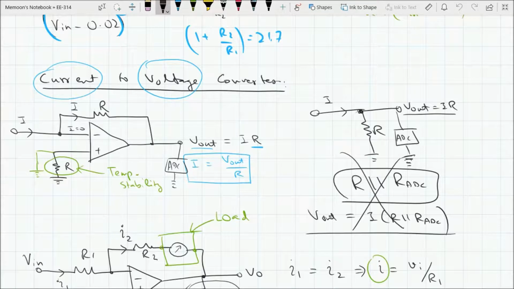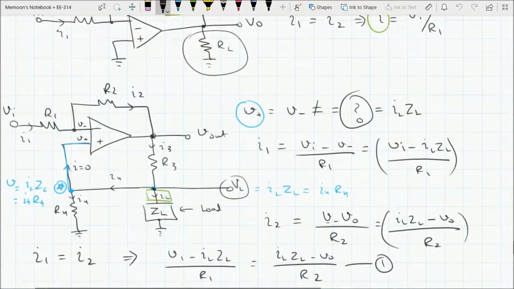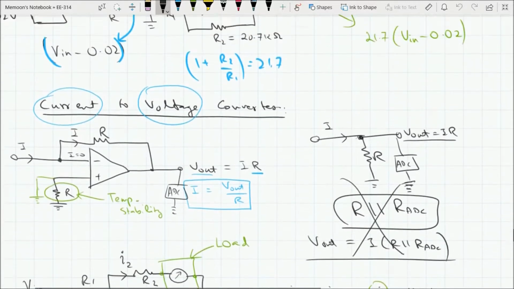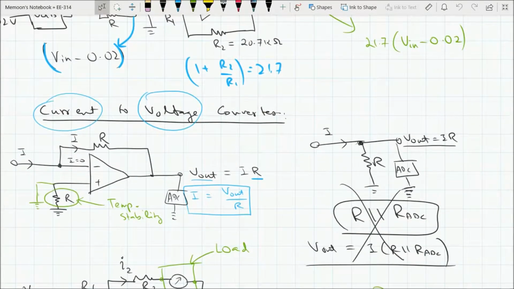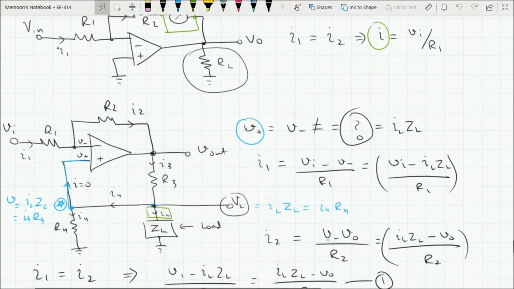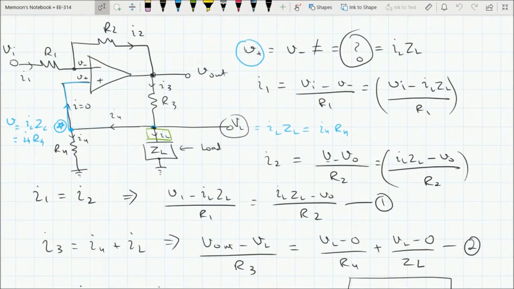So current to voltage converters and voltage to current converters are used in signal transmission at the transmitter and the receiver end. This means that this current to voltage converter will be put at the receiver end, and this voltage to current converter will be put at the transmitter end.